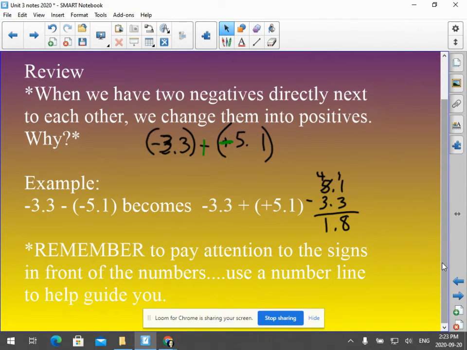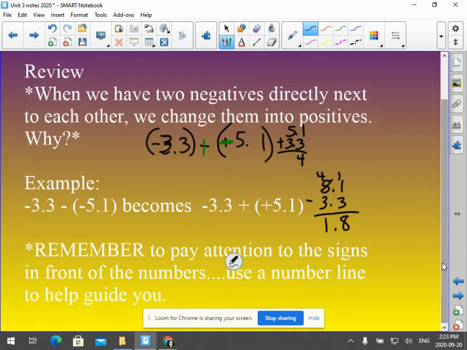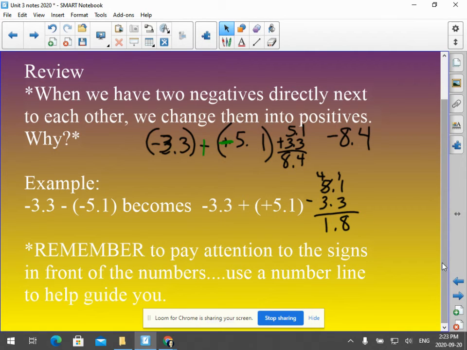So I'm actually saying negative 3.3 plus negative 5.1. Both of those, or two negatives together, is just making a larger negative. I'm still just dropping. So to solve it, you would just be saying 5.1 plus 3.3, which gives you 8.4. And I know that my answer is actually negative 8.4 because I was just adding two negatives together.